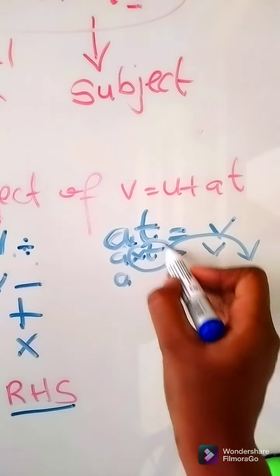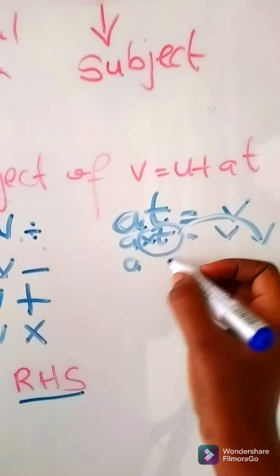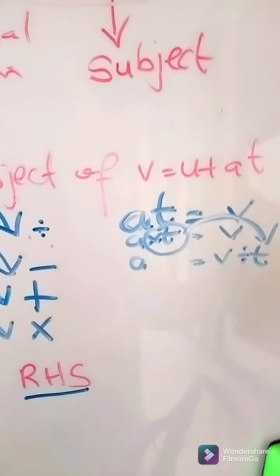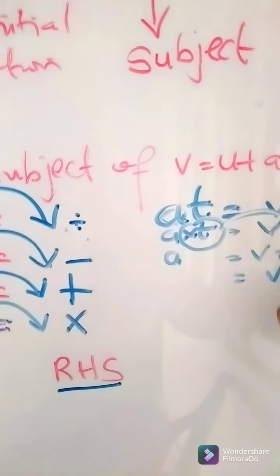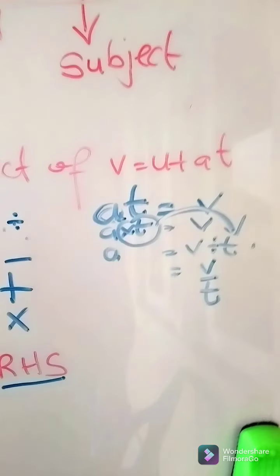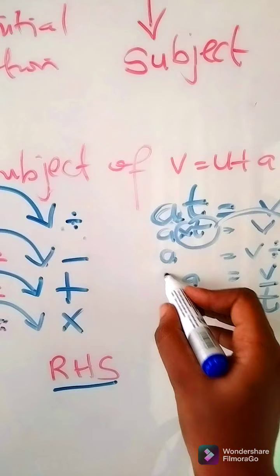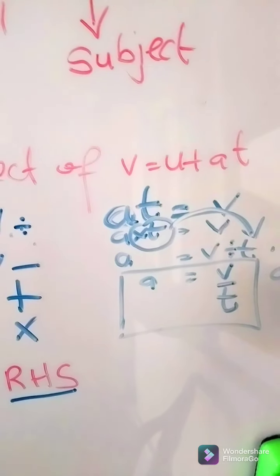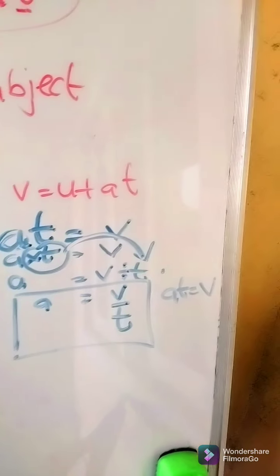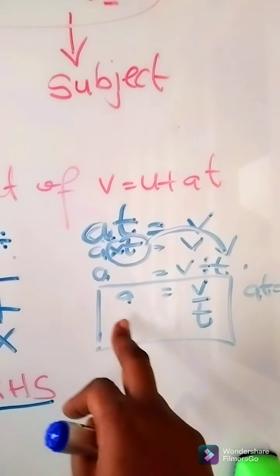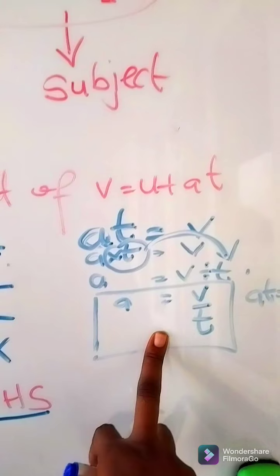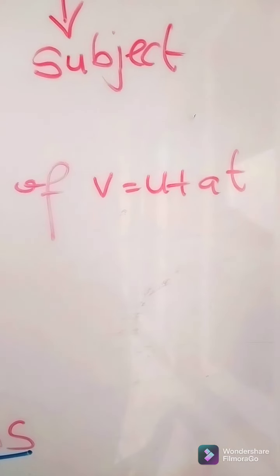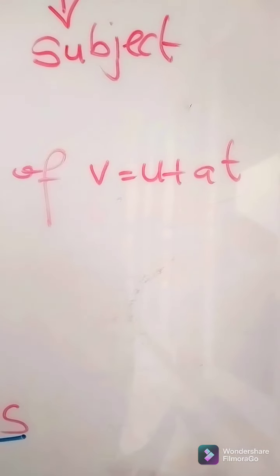If I move times T to the other side, I will have V divided by T, or V all over T. So if A is the subject of this function, AT equal to V, then this is how it will look. Now we've solved the problem of the multiplication and division operations.